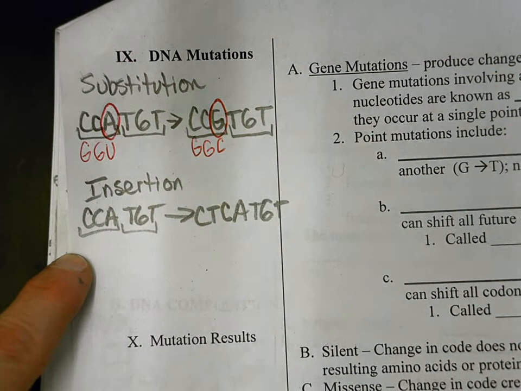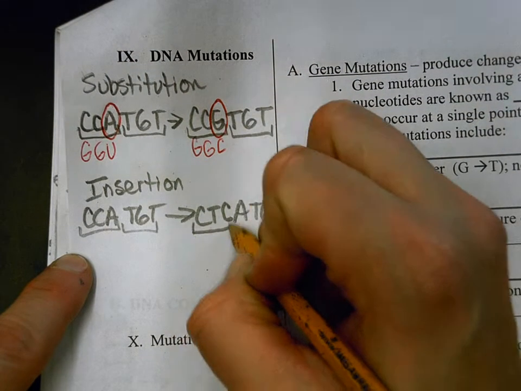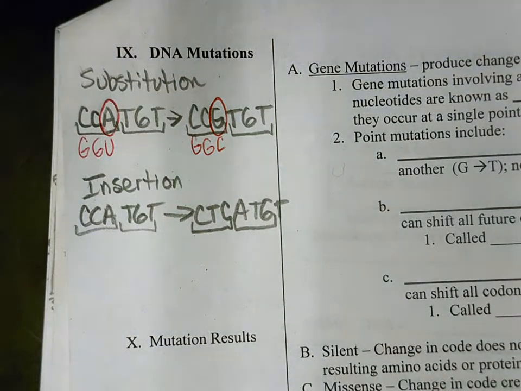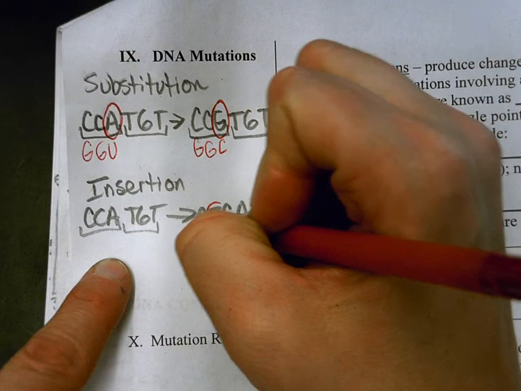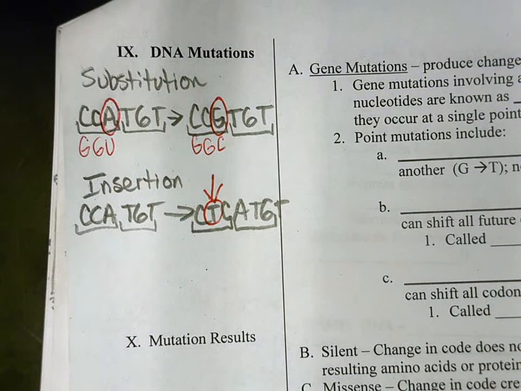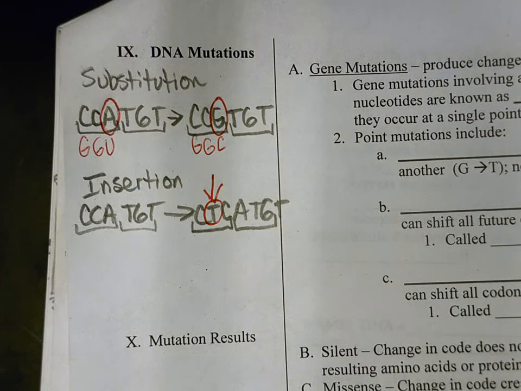Now, if that's how it mutated, I write my reading frame, I bracket. And if I had to look at the code, where did the insertion mutation occur? The T. So I'm going to circle my T, and I'm going to put an arrow in, because that's what insertion does. It puts a whole new letter in the original sequence.